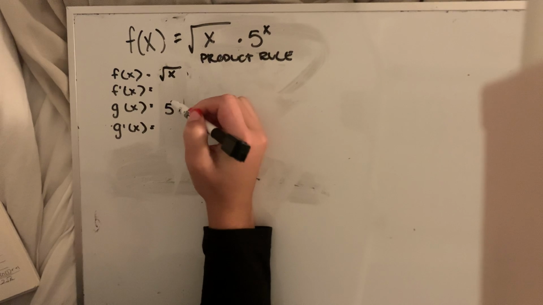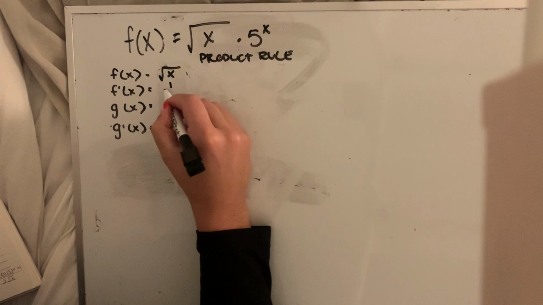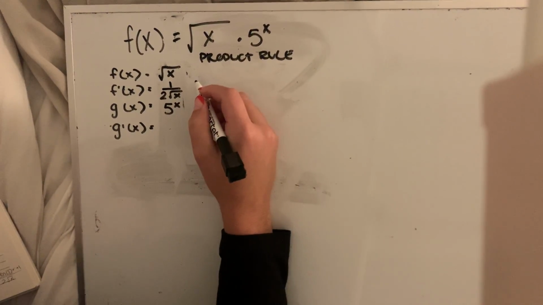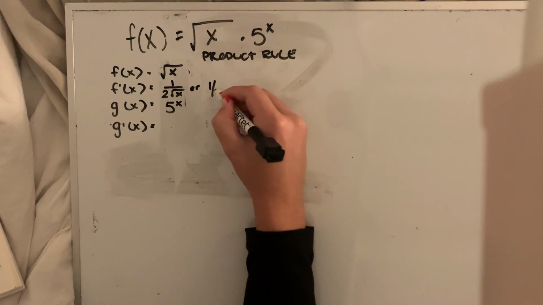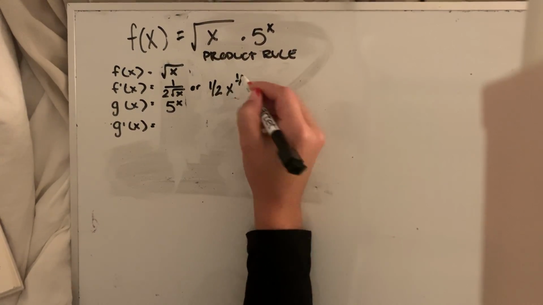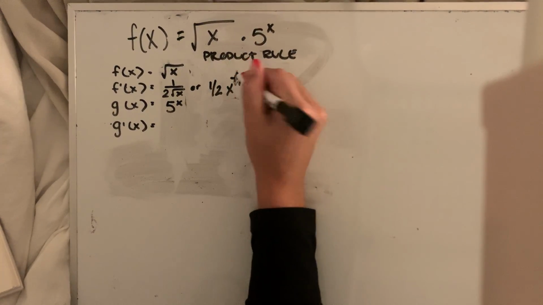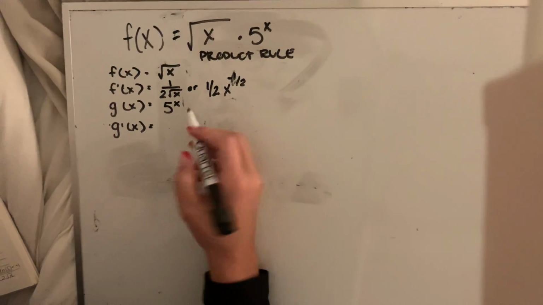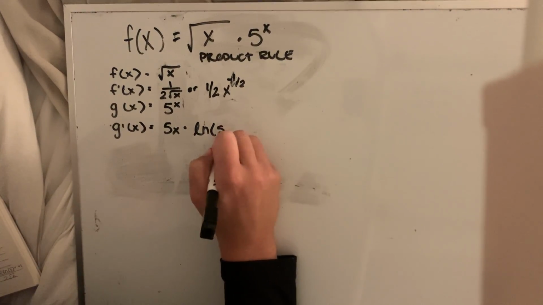F prime of x is going to be 1 over 2 square root of x, or it could also be written as x to the power of negative 1/2, times 1/2. G prime of x is going to be 5^x times ln 5.